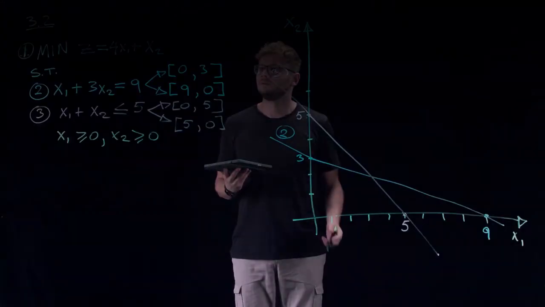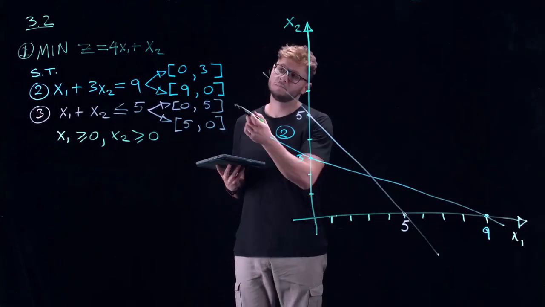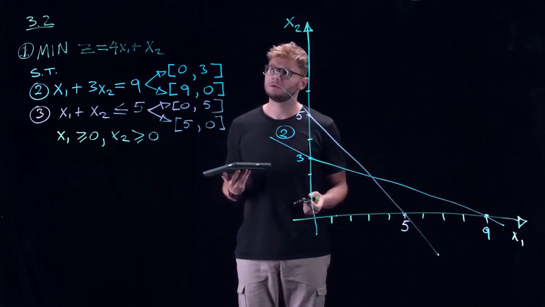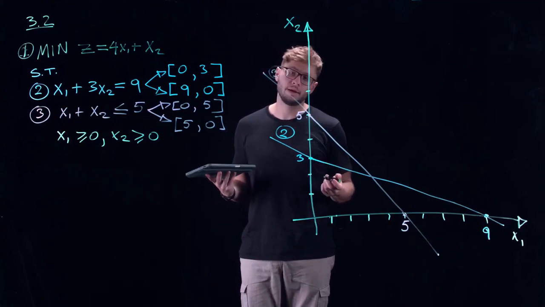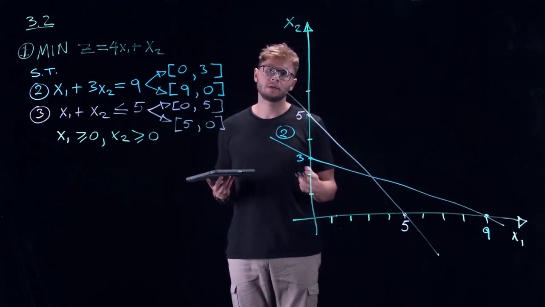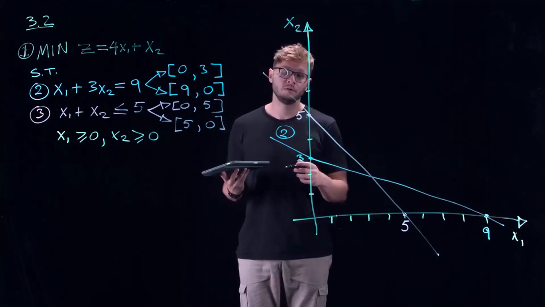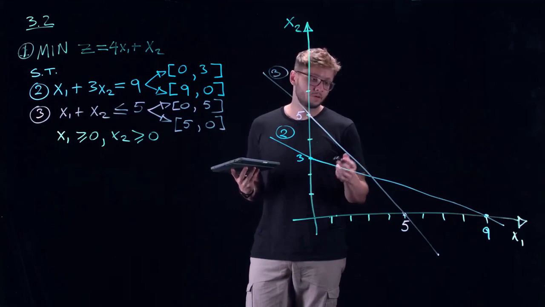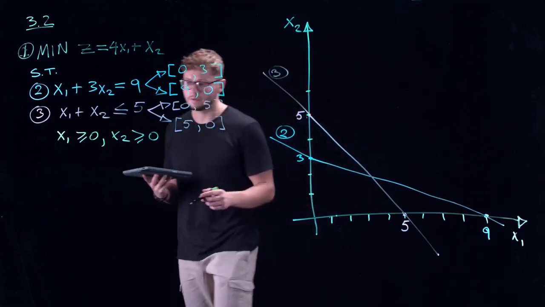We also need to graphically represent the objective function z equals 4x1 plus x2. And to do so, we will equate it to an arbitrary value, let's say 5, and then plug in zeros for x1 and x2 to get some coordinates and be able to find the corresponding line on the graph. So let's go ahead and do that.